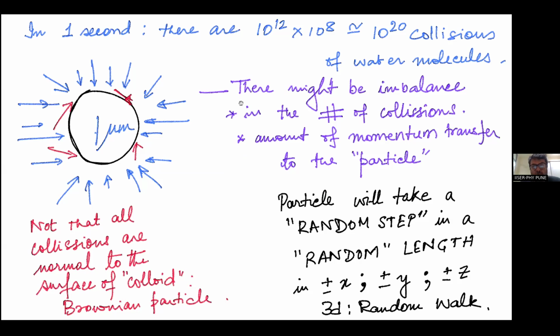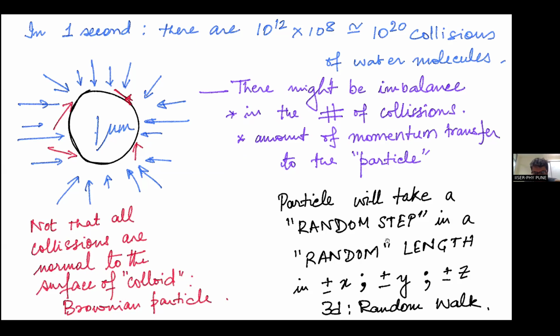What is the point? There might be an imbalance in the number of collisions or the amount of momentum transfer from the fluid particles to the colloidal particle, right? It might move a very small step.